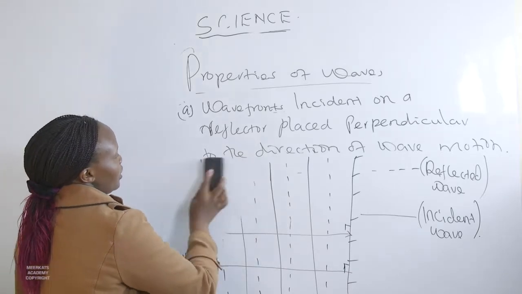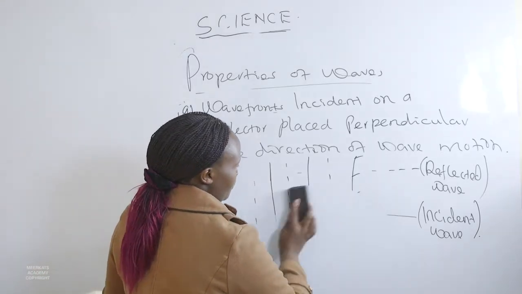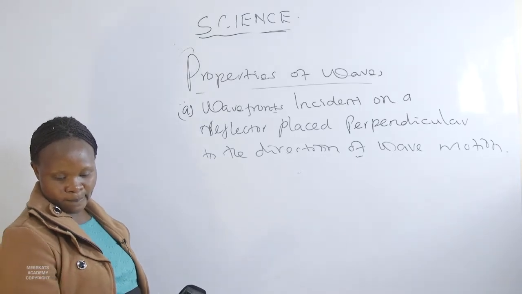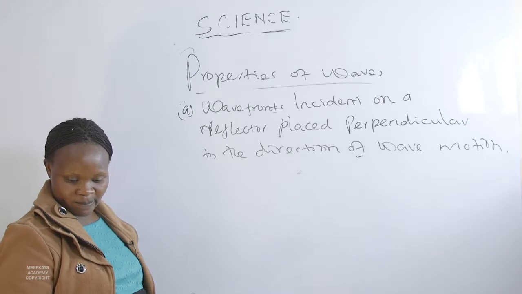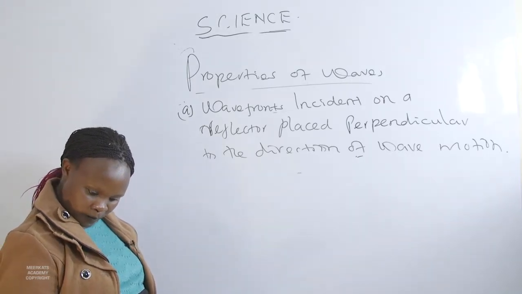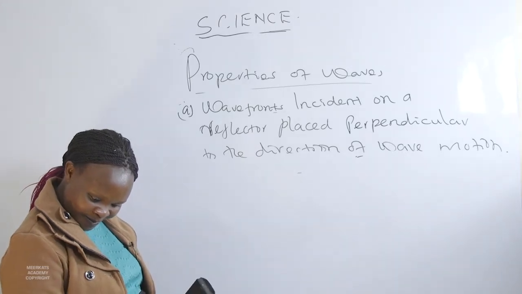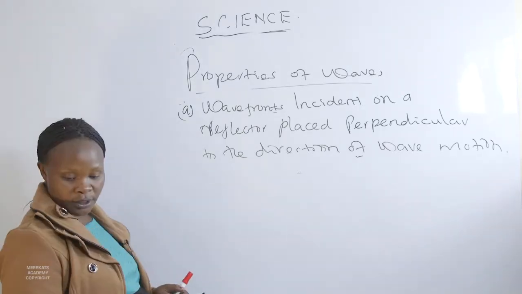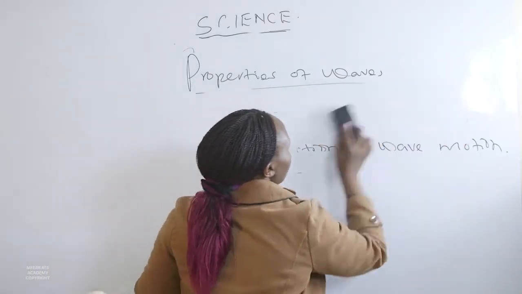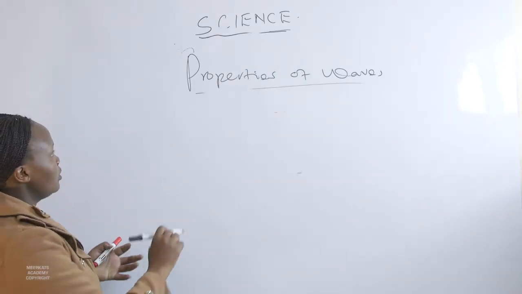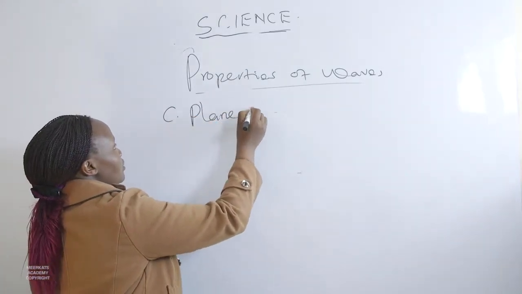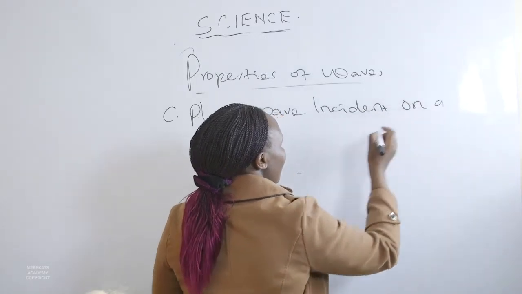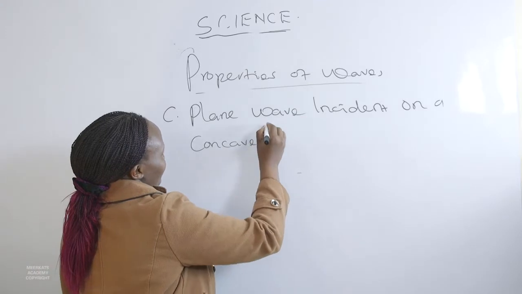Now let us look at yet another type of reflecting surface. Consider situation C. We consider plane waves incident on a concave reflector.